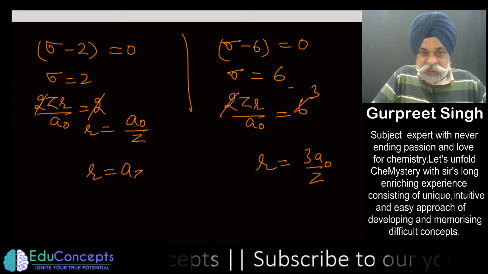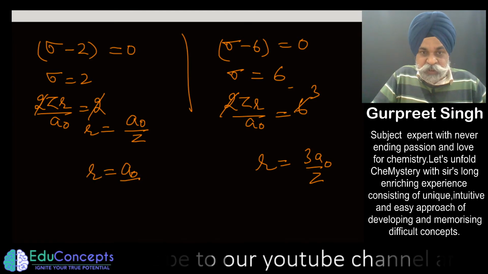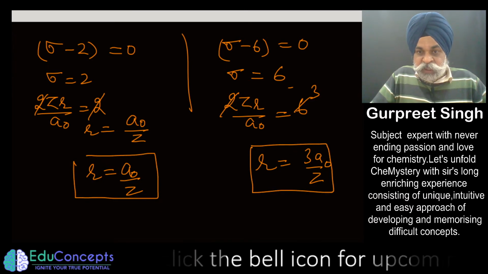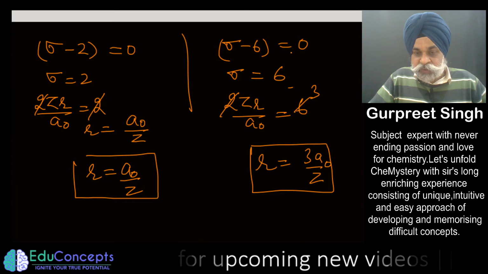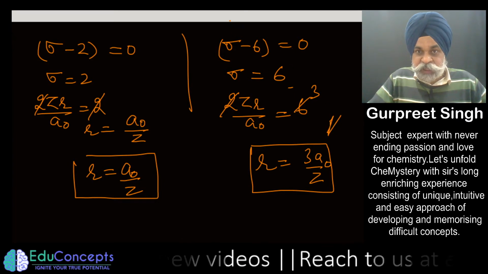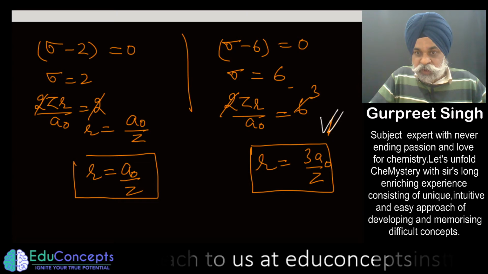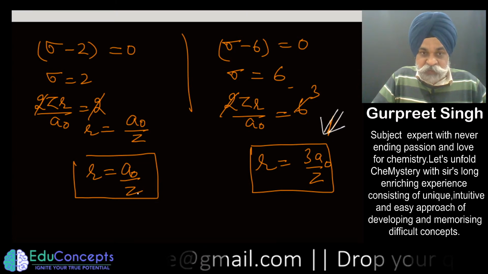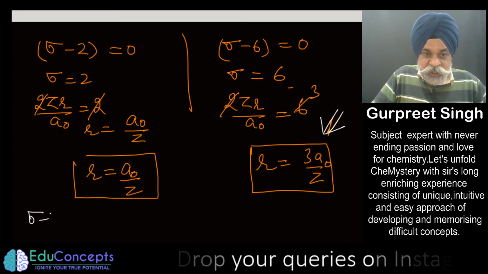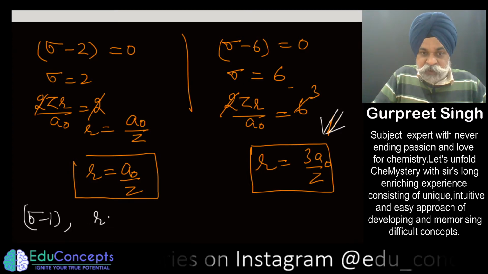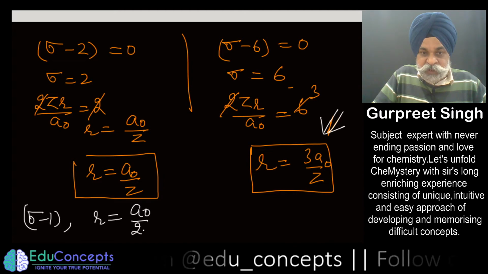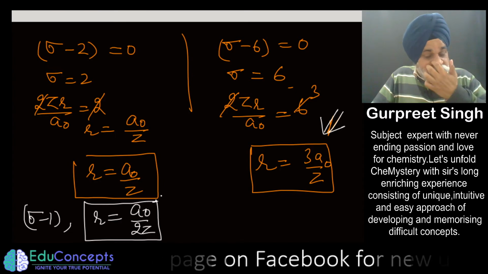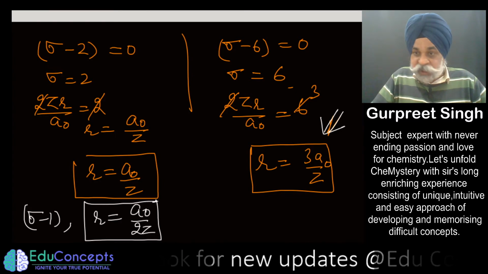I shall be getting three radial nodes. When I make delta minus 6 equal to 0, I get a radial node at a distance of 3 a naught by z, and a naught by z also I am going to get one node, and one when I made delta minus 1 equal to 0, at that point it was a naught by 2z. So these are the three distances from the nucleus where you would get the radial node.